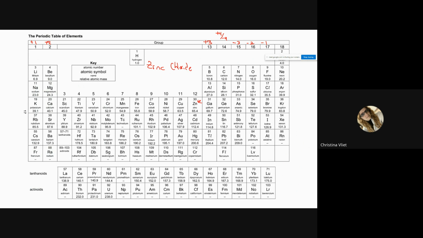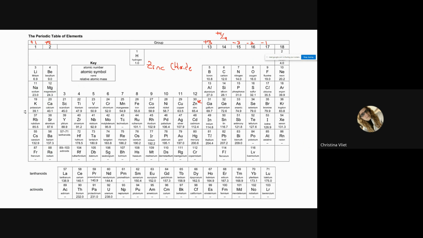That's what it means to you, because they're assuming you know that that's +2. So you won't ever see zinc 2 chloride. You'll just see zinc chloride. So if I didn't tell you that, you might be like, oh, this is the middle, it's a transition metal. But actually, it's got a fixed charge.